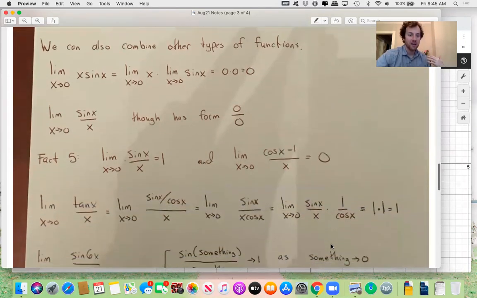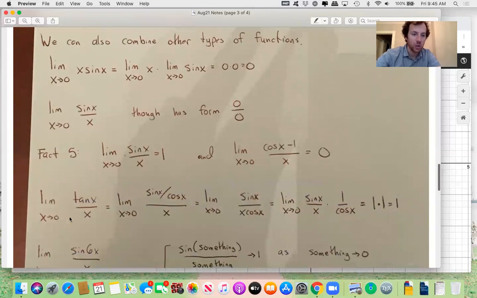What I mean by that is let's look at tangent x over x. So this is kind of similar looking, but we don't need to take this as a given. We can figure out what this is using this first limit.